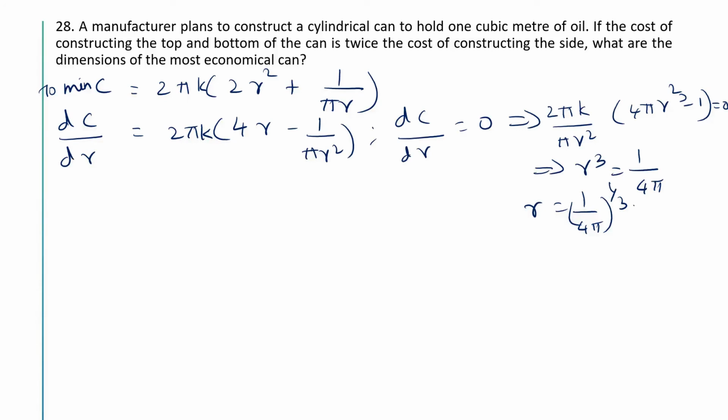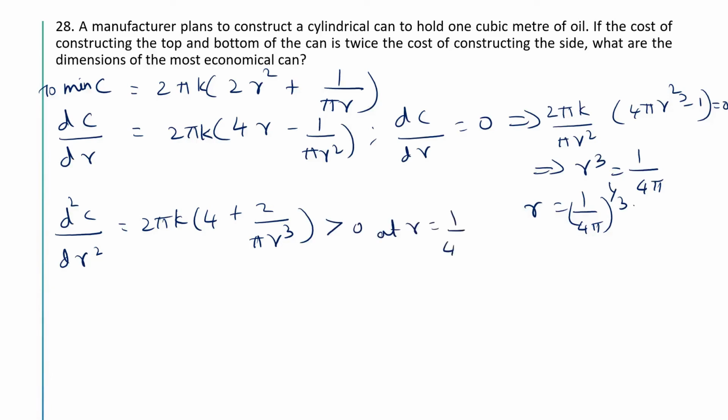Now d square C by dr square is equal to 2 pi k into 4 plus 2 by pi r cube. It is greater than 0 at r is equal to 1 by 4 pi the whole raised to 1 by 3, which means r is equal to 1 by 4 pi the whole raised to 1 by 3 is a point of local minima.